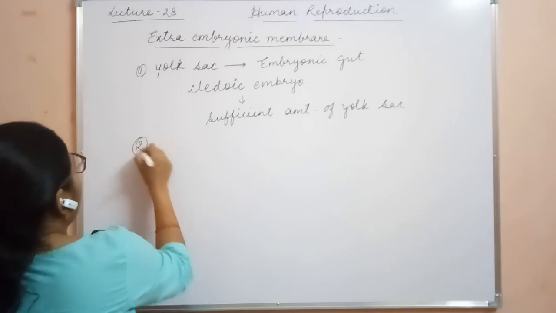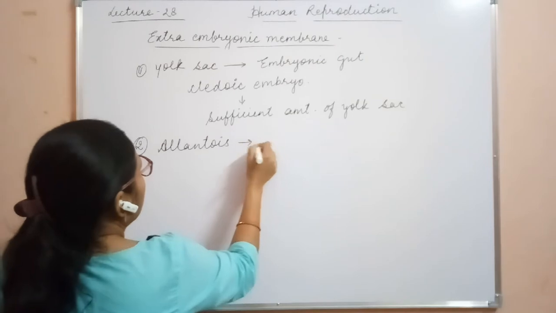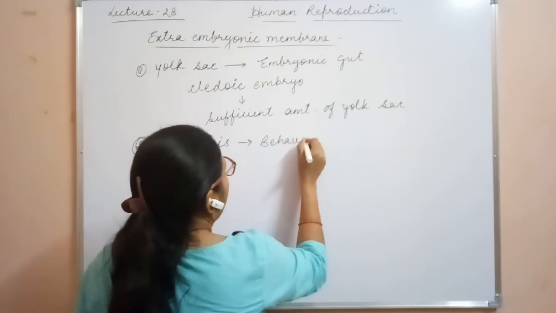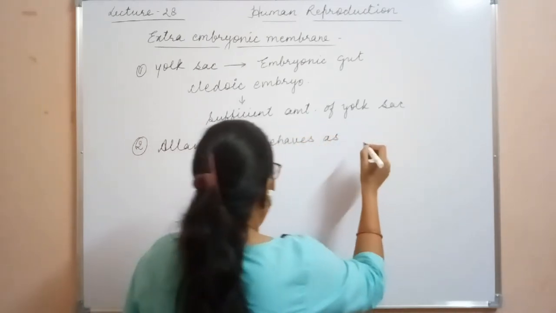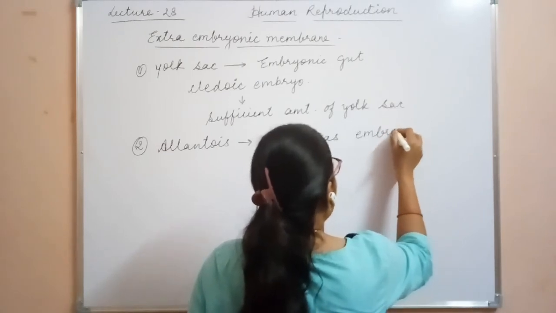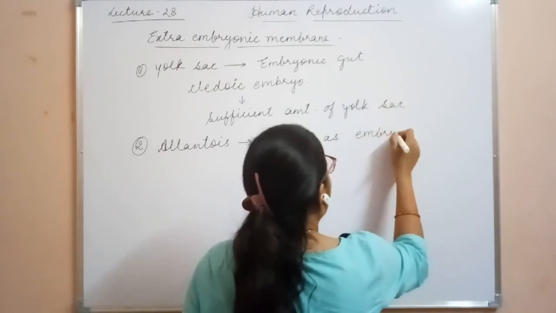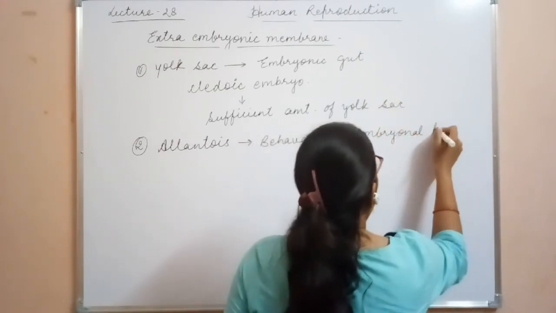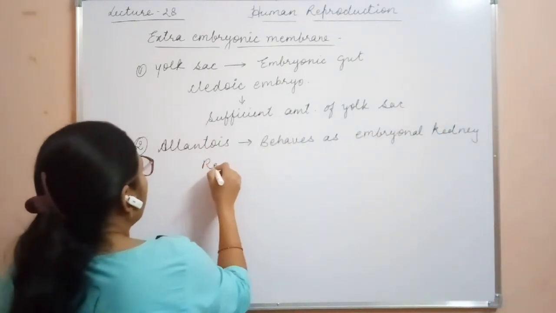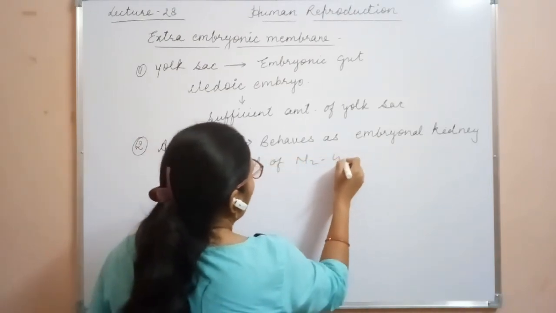The second membrane is allantois. This allantois behaves as embryonal kidney because it helps in the removal of nitrogenous waste.